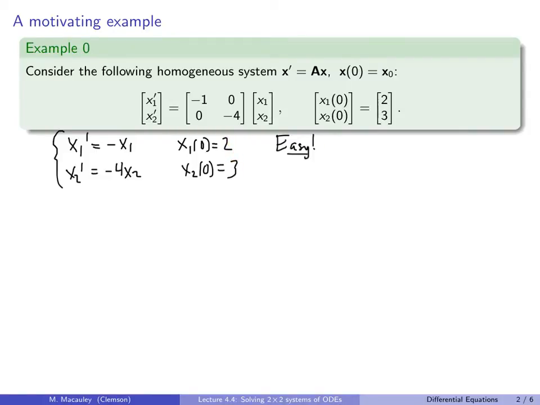So the general solution is that x1 of t equals c1 e to the negative t, and x2 of t equals c2 e to the negative 4t.